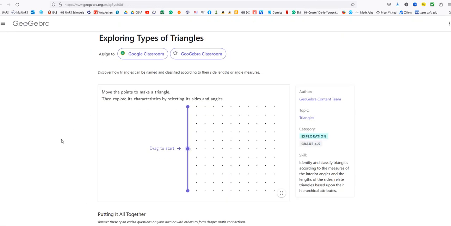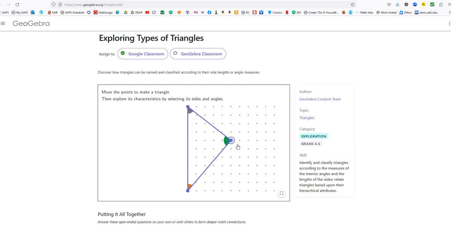So let's see what this one is about. Basically you can move these around to get what's called a lattice polygon, a lattice triangle. That is, you have a grid here, and the vertices are on the grid lines. This is the same as taking rubber bands and putting them on a device called a geoboard, which is just pegs on each one of these.